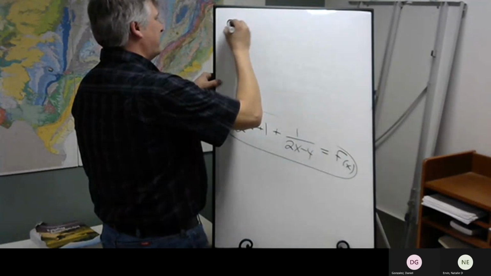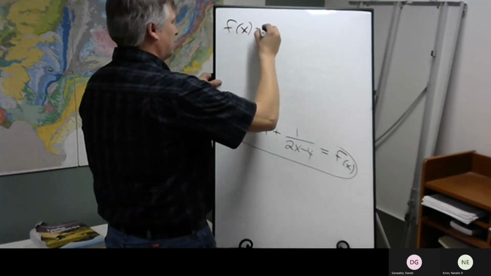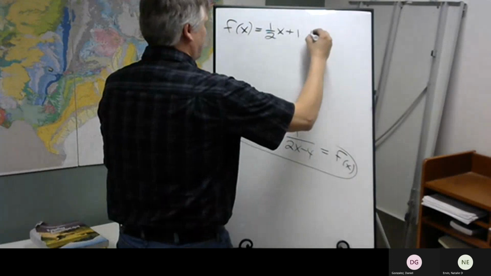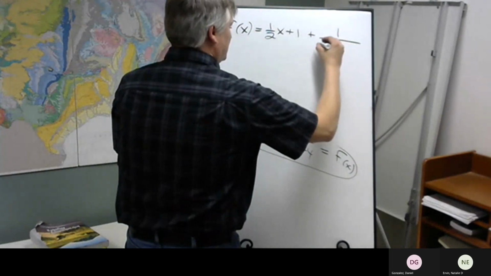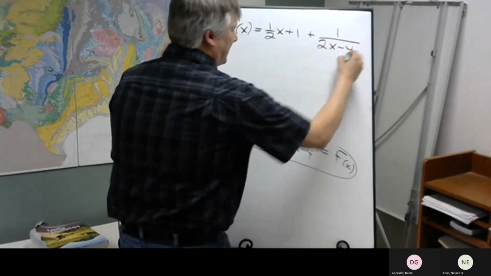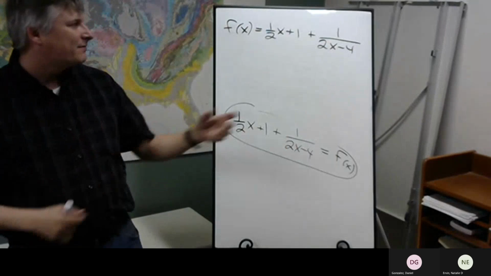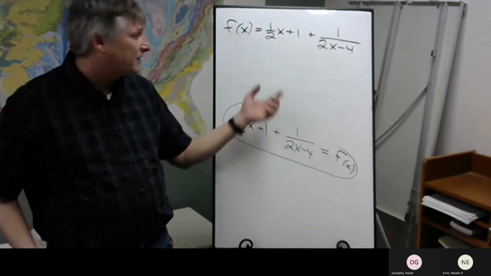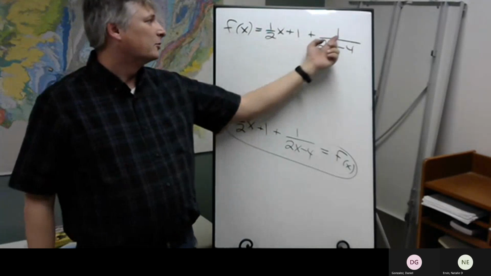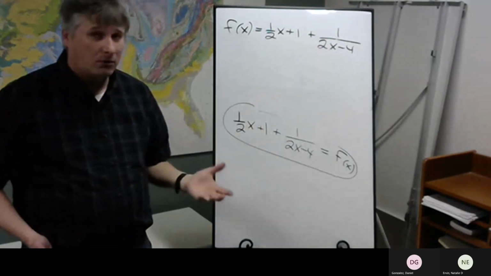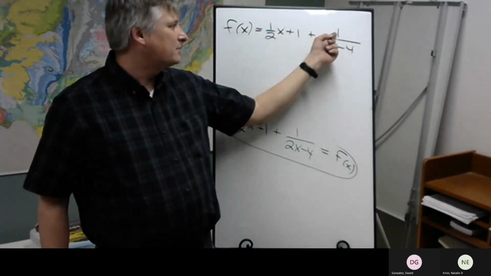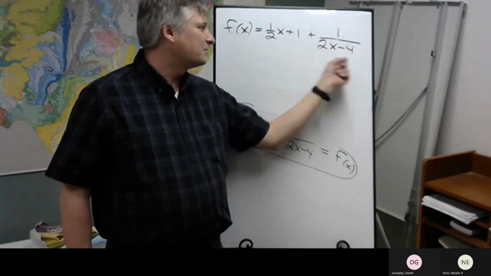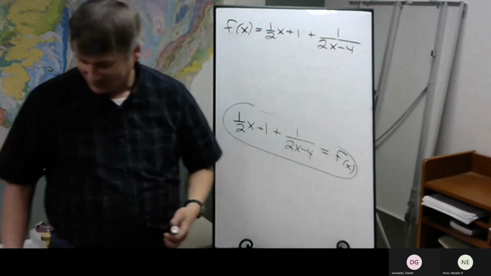So I'm going to rewrite this. And if you don't recall from algebra, when we have a remainder of 1, we can express that remainder as well. We could say 1/2 x plus 1, remainder 1. Or we can add the remainder to our result and then put the divisor underneath that remainder.